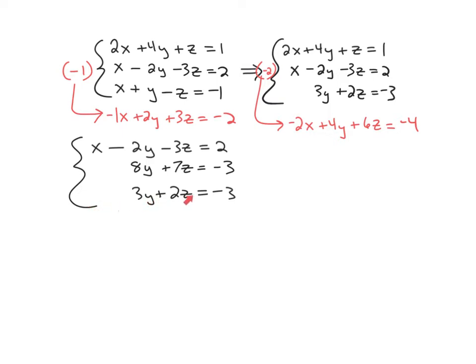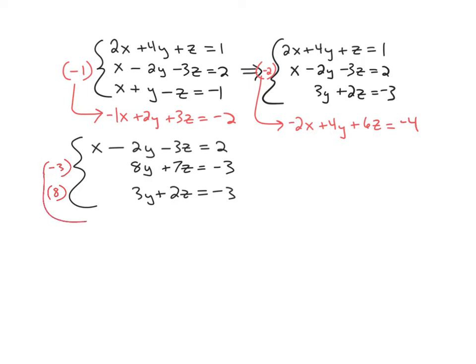So now I need to take these 2 equations and get rid of one of the y terms. This guy's done. I'm going to leave him alone. I'm not going to mess with him anymore. But I'm going to look at these 2 equations, and I'm going to get rid of y. And to do that, I'm going to multiply the top equation by -3 and the bottom equation by +8 so that I will have opposites.